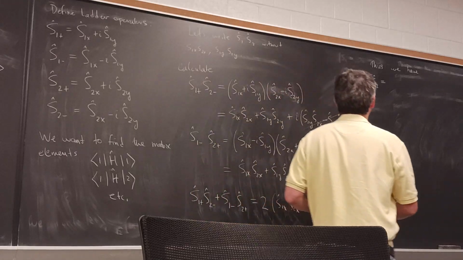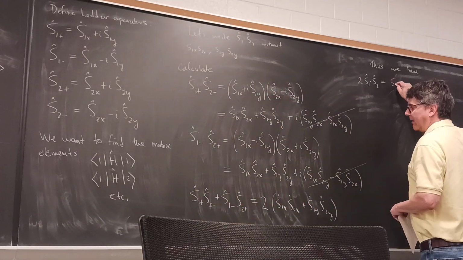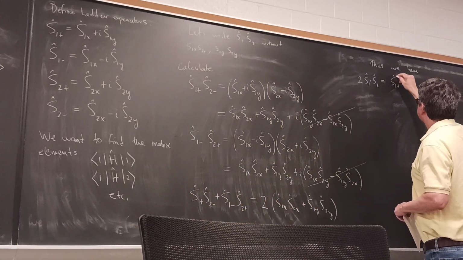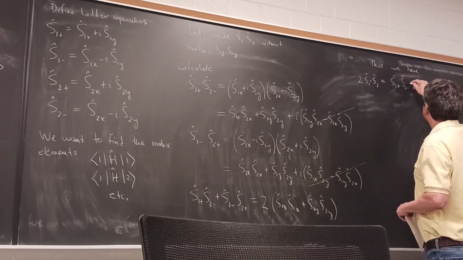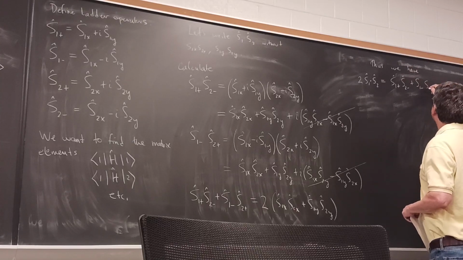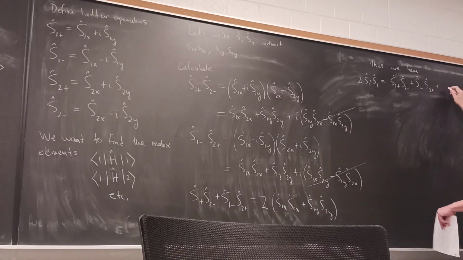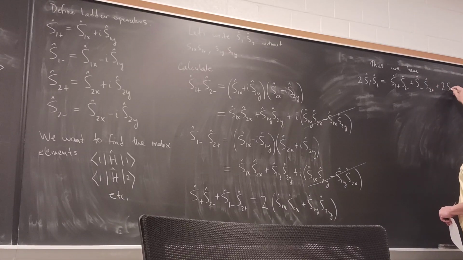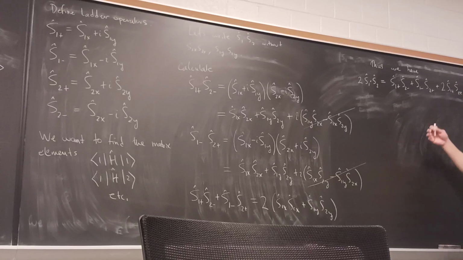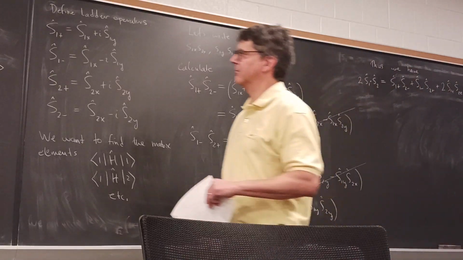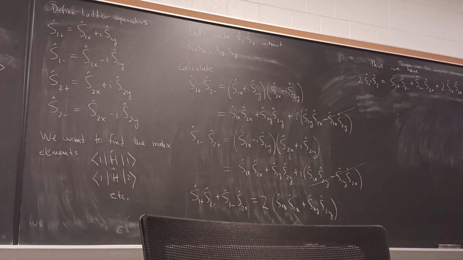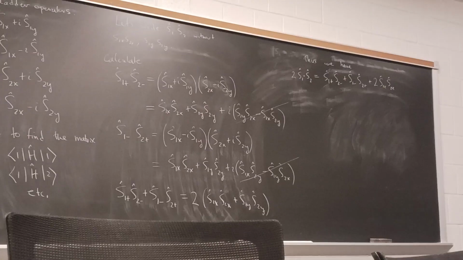That's going to be S1 plus S2 minus plus S1 minus S2 plus, and then plus twice S1z S2z. Okay, so now we can actually compute things easily. All right, are there questions over that, just what we did there?